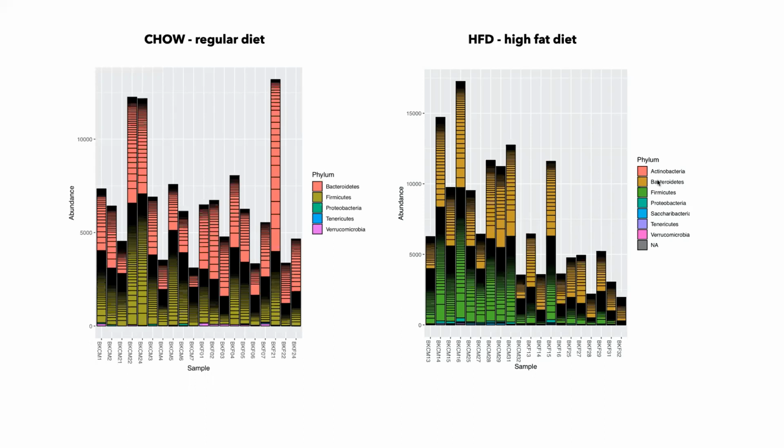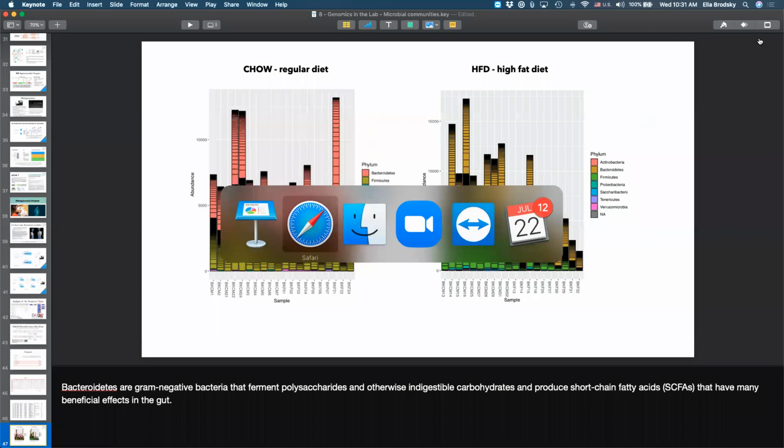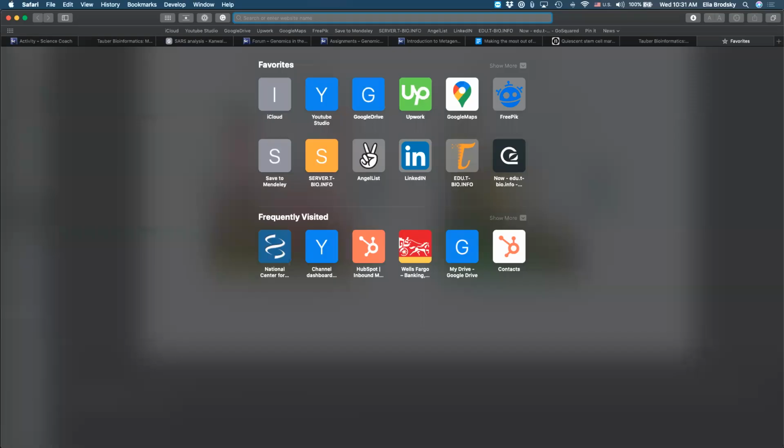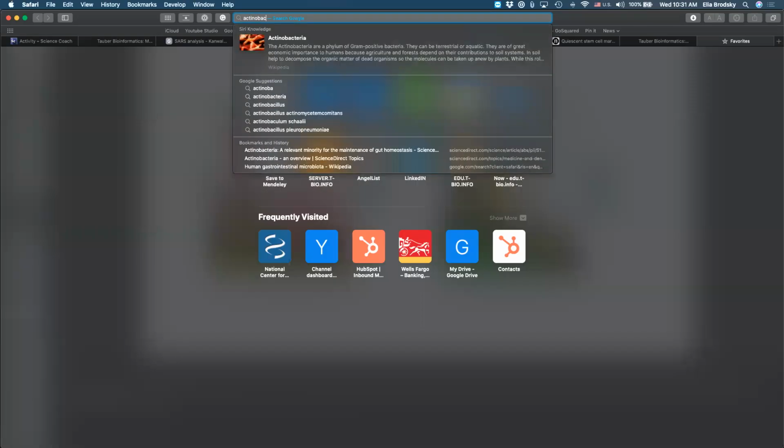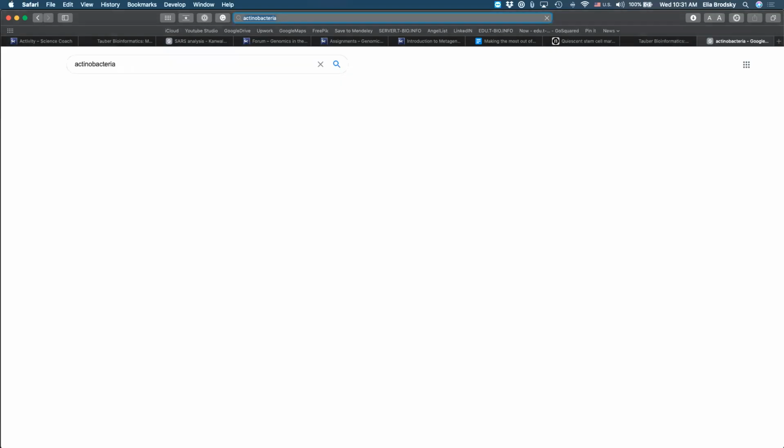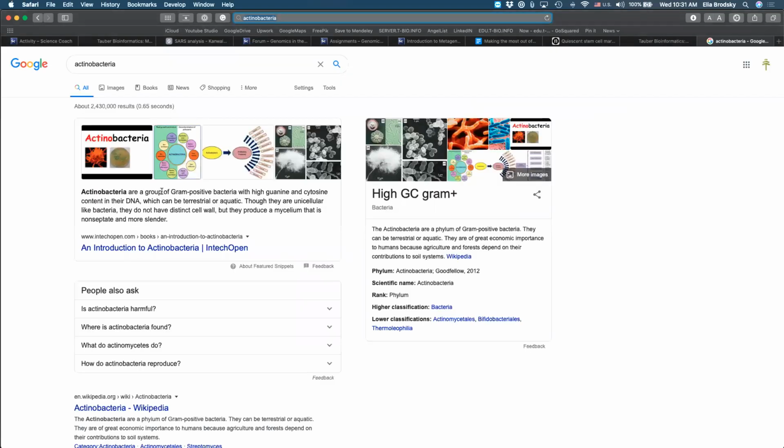Okay, and actinobacteria. So let's look up actinobacteria. What does actinobacteria actually mean? They're gram-positive bacteria with high guanine and cytosine content in their DNA, and they're unicellular.